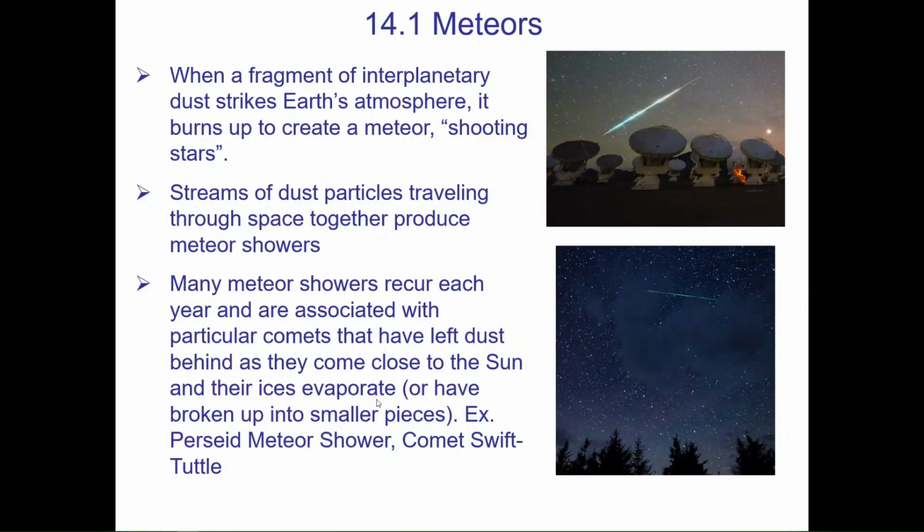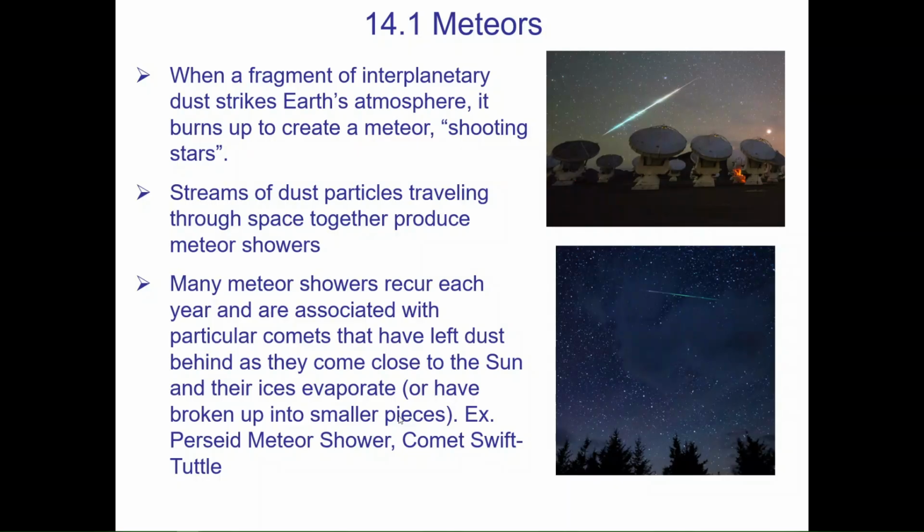Remember when we talked about comets, the evaporation of ices also releases the dust previously frozen inside the comets. And that dust won't move together with the comets. Instead, it's left in a certain place in interplanetary space.